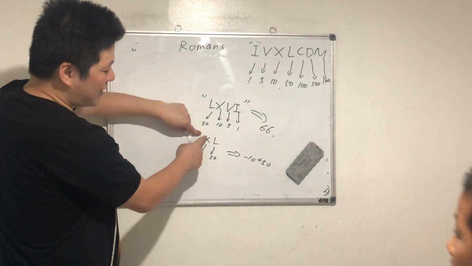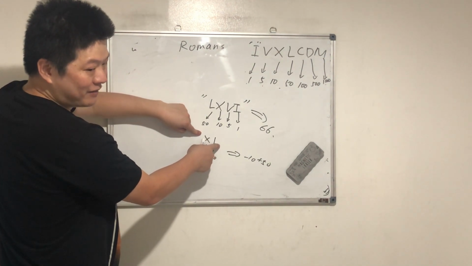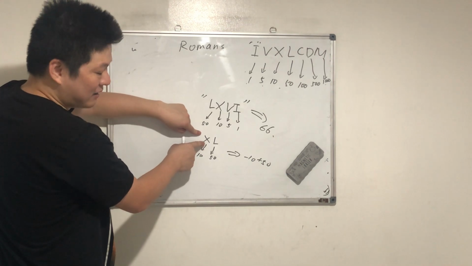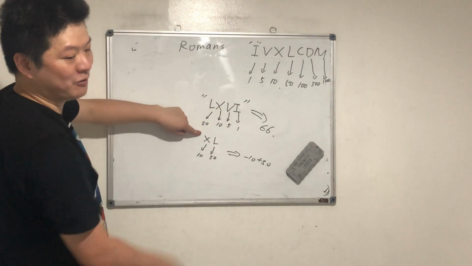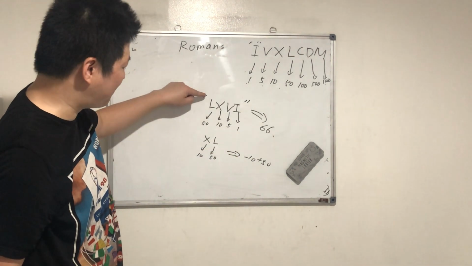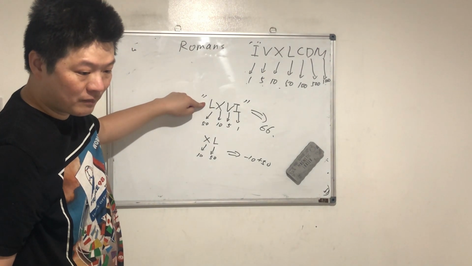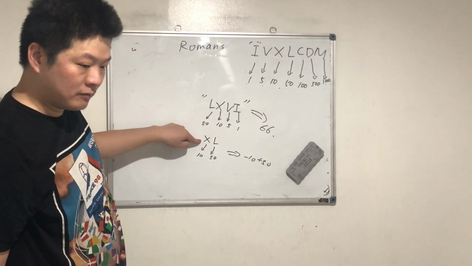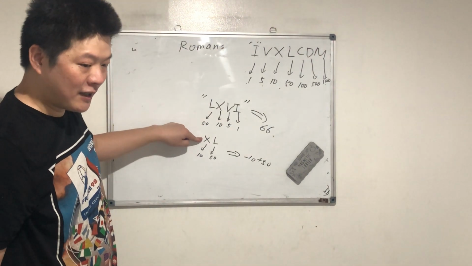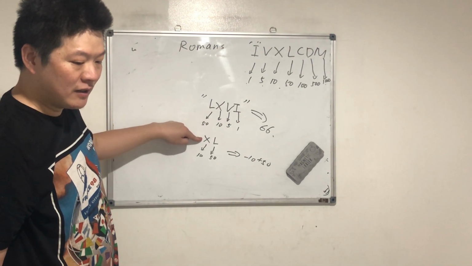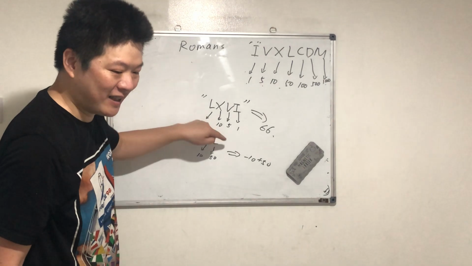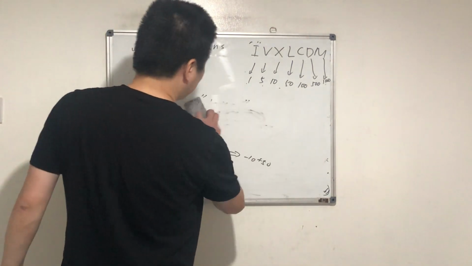If the current character is smaller than the next one, how should we do it differently? Because the smaller number comes first, we subtract this number, right? And go through that. Okay, that seems an easy one.